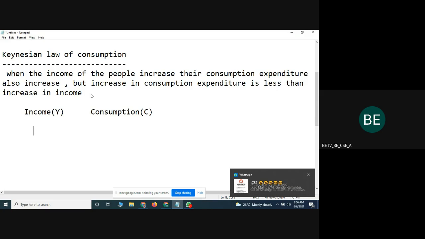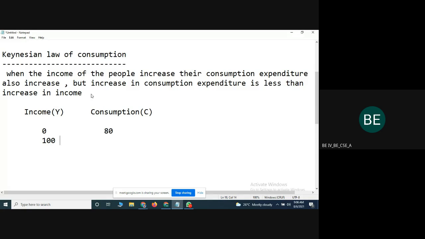Initially, the person's income is 0, but the expenditure is 80. In the second scenario, the income is 100 and the expenditure is 160 rupees.